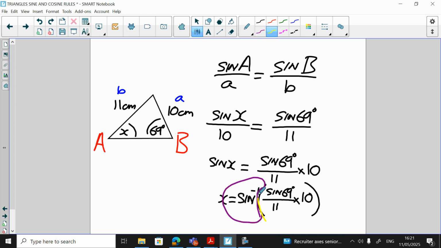And see all this stuff, it's there. Just put that in a bracket. Then it's calculator time. Whatever your calculator is, it's not going to be a nice answer here, because 69, that's not a nice angle. You're taking sine, cos, or tan, unless you've got a 2-year stretch in jail, or wherever.